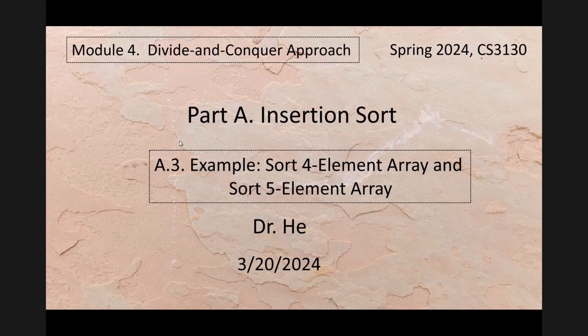For sorting a 4-element array, do you know the smallest number of comparisons for the worst case? Some idea? 5. Good, you get it.